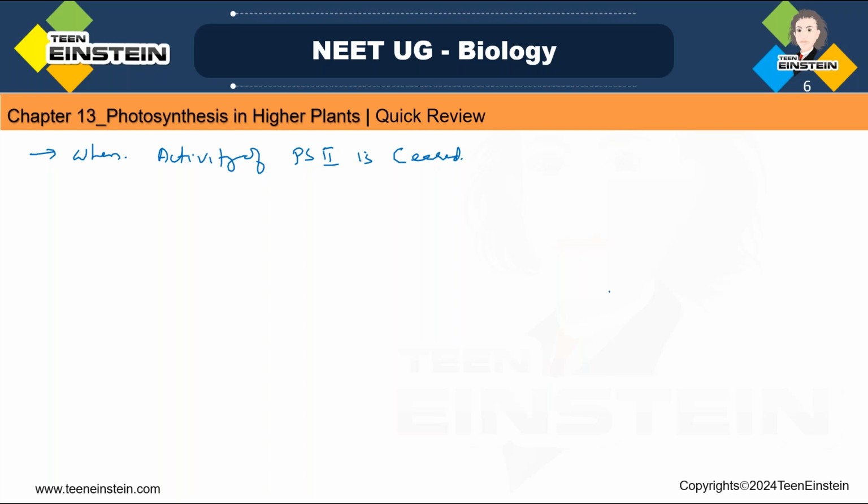The electron emitted after illumination of PS1 returns back to the original place through several electron carriers, which ultimately leads to the synthesis of ATP. So this is cyclic photophosphorylation and non-cyclic photophosphorylation, which come under photophosphorylations. One is cyclic and one is non-cyclic.